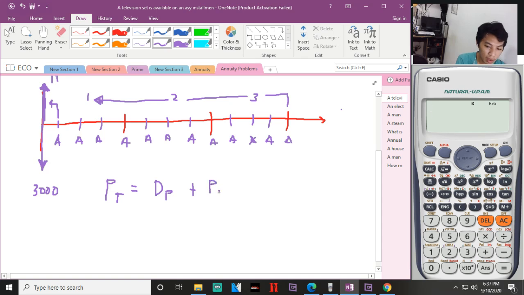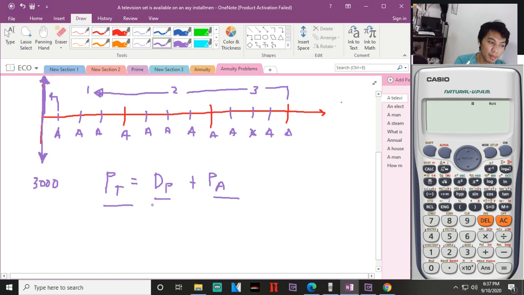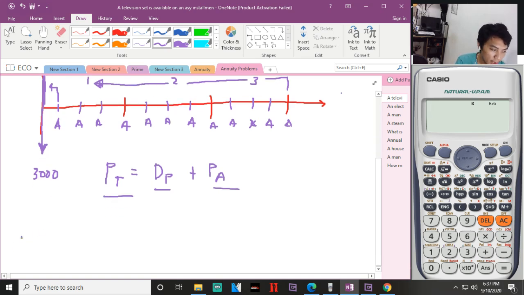So that is PT, and then PA. You will get yung PA muna and then given naman si DP in order for us to get yung total worth of the amount. So, PT will be equal to down payment na 3,000 pesos plus yung PA.